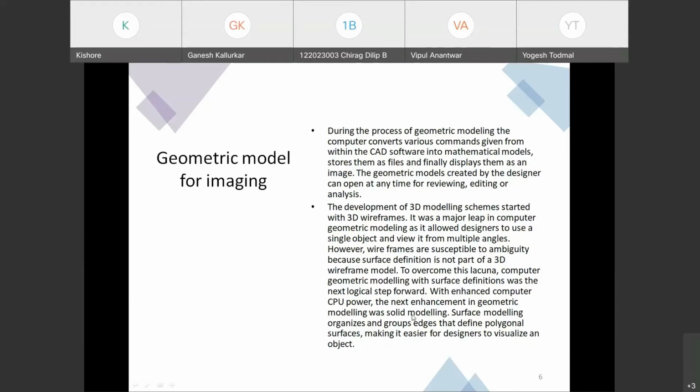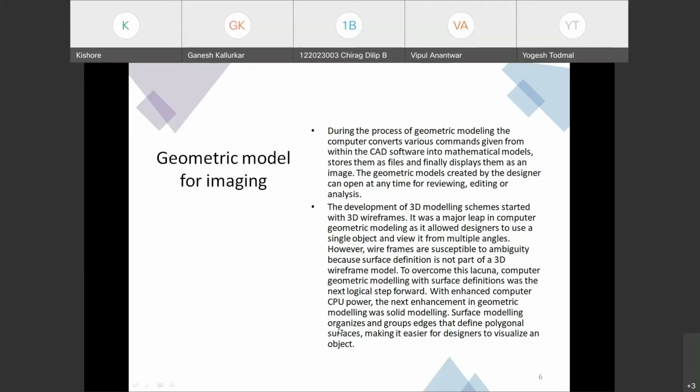To overcome these lacunae or drawbacks, geometry modeling with surface definitions was the next logical step forward, and this is what we have seen in the past 20 years. With enhanced computer CPU powers, the next enhancement in geometric modeling was solid modeling, which most of us are familiar with.